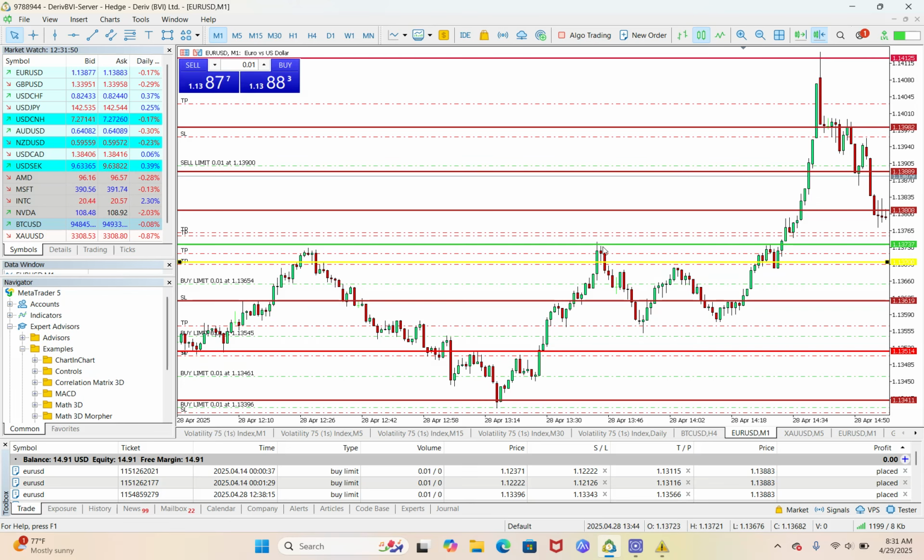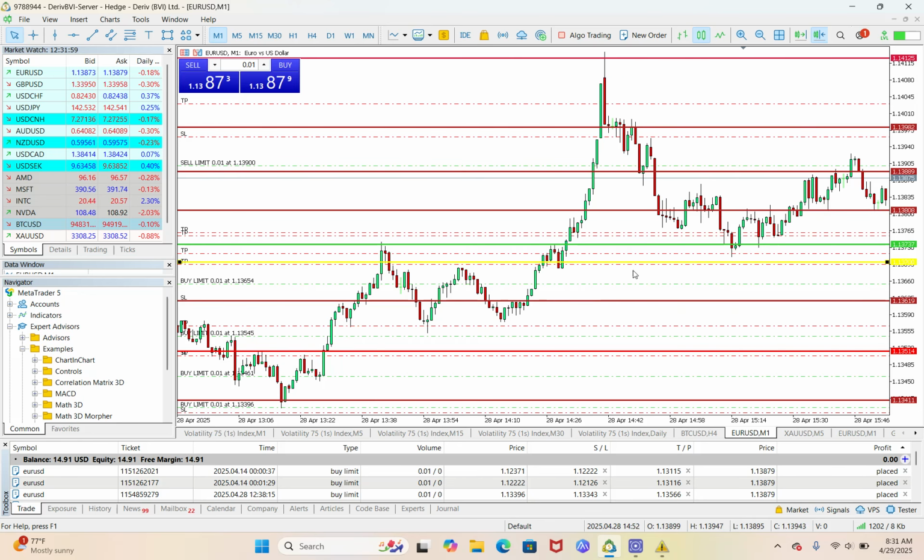So this would be a prior resistance area, right? So right at this price point where price intersects where sellers were already in the market, now buyers take control of this area, push the market all the way up to here, right?